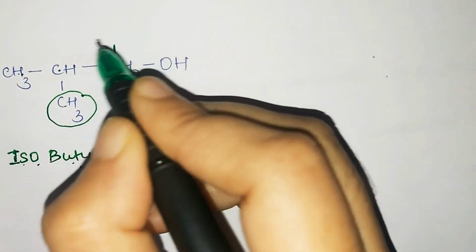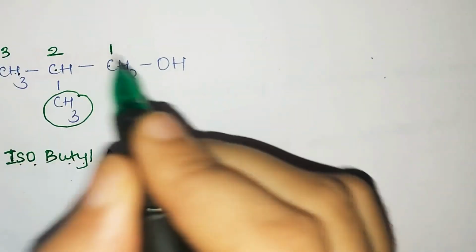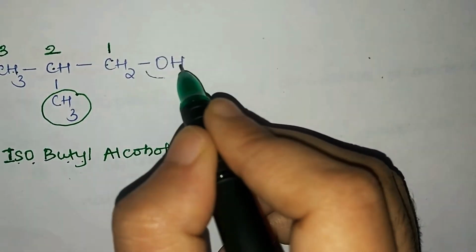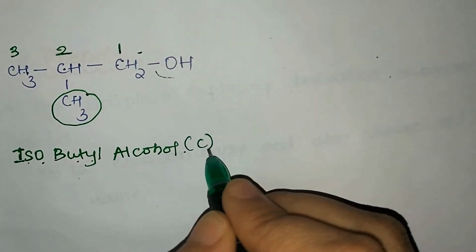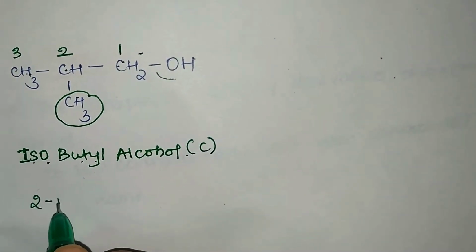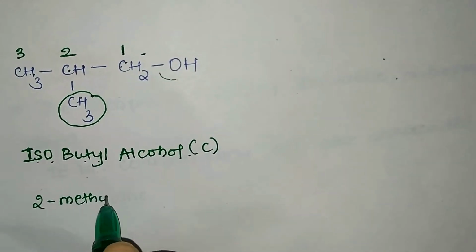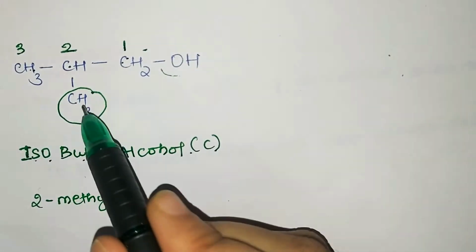We'll write the IUPAC name for it. We'll number the carbon chain. So now when you number it, you select the longest possible chain. Your functional group is given the first preference and then the substituent. OH is the functional group, CH3 is the substituent. Substituent is present on the second carbon atom, hence the name is 2-methyl.